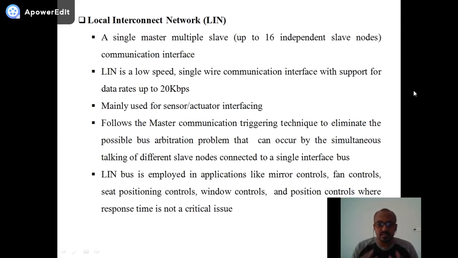LIN is used in applications like mirror control, fan control, seat position control, and window controls, where the response time is not a critical issue.